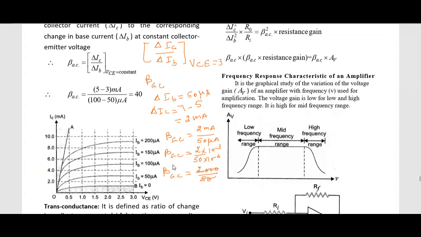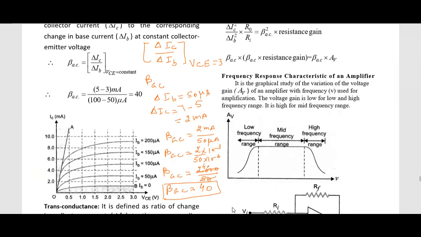This cancels and this is 4 and 0. This beta AC is of the order of 40. Its exact value is 40.